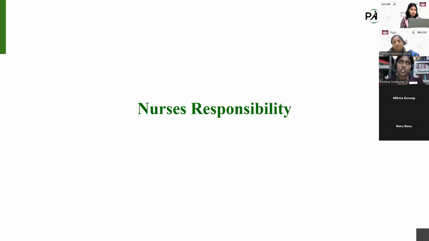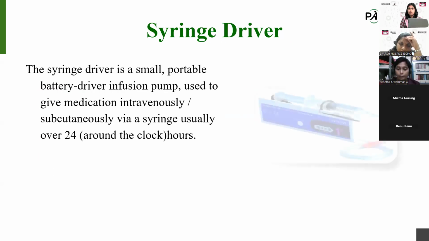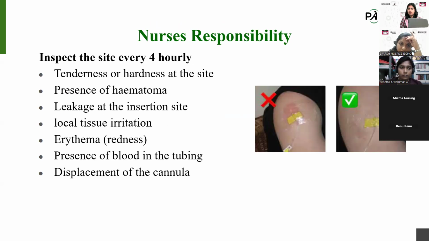And the nurse's responsibility is very important. Nurses have many responsibilities in subcutaneous infusion. The picture shows the subcutaneous infusion. This is the scalp vein. We should maintain it like this, and the nurse should inspect the site every 4 hours for tenderness or hardness at the site.